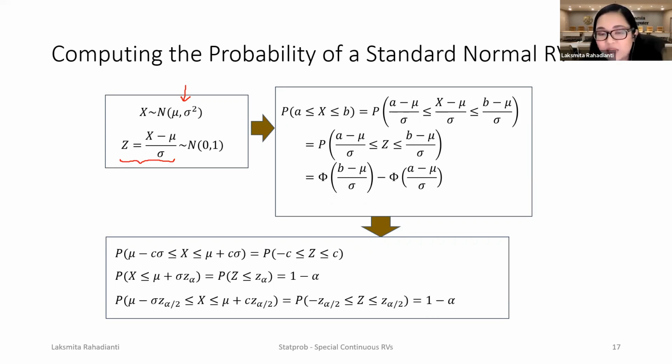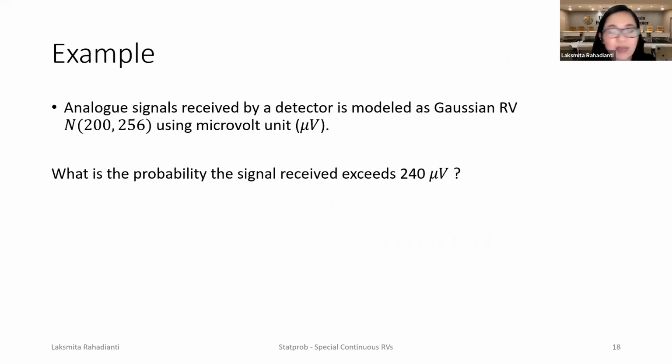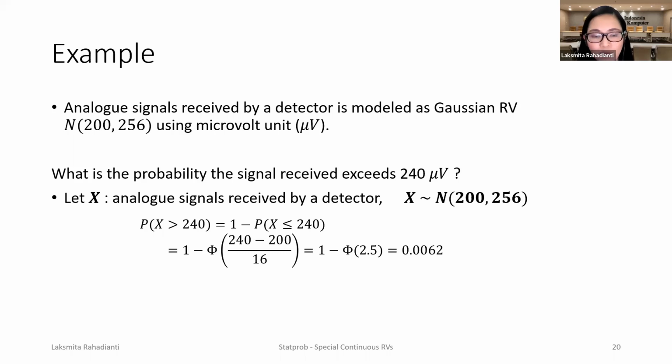So to illustrate this, I'm going to show a different example, and we're going to look at what happens if we have more than one random variable. So for example, we have X that follows a normal distribution. We have Y that follows another normal distribution.